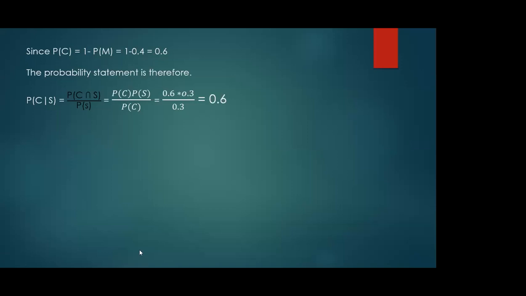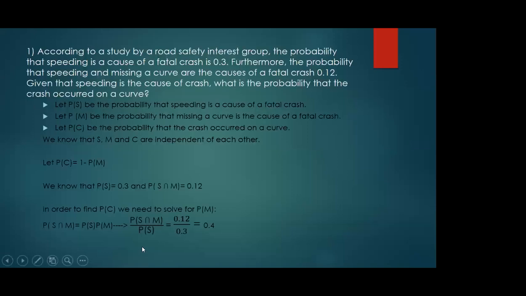All right, so for the 0.6, remember that the sum of all your probabilities must be equal to 1. In this case, the probability of M is the probability that missing a curve is the cause of a fatal crash, while the probability of C is the probability that the crash occurred on a curve.